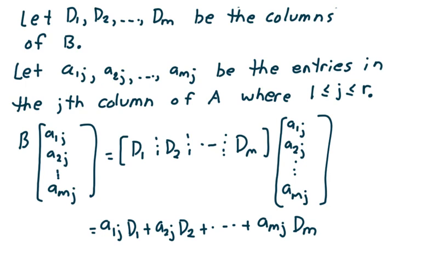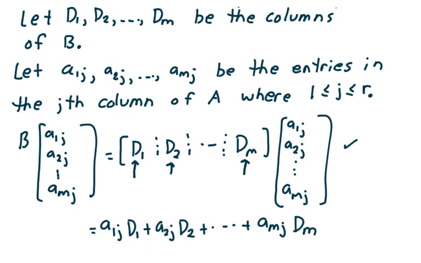But that's equal to the matrix where the first column is D1, second column is D2, on and on and on. The mth column of B is DM. And I'm going to multiply by the column vector A1J, A2J through AMJ.